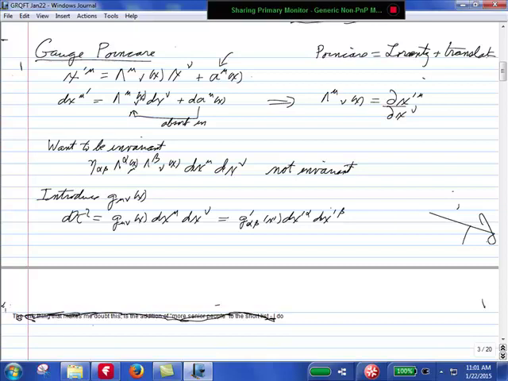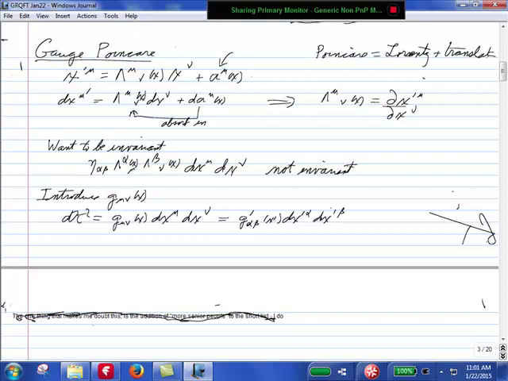So you could try something like d mu g alpha beta, d mu g alpha beta, things like that. But this doesn't work. This is not invariant, because it's badly constructed.